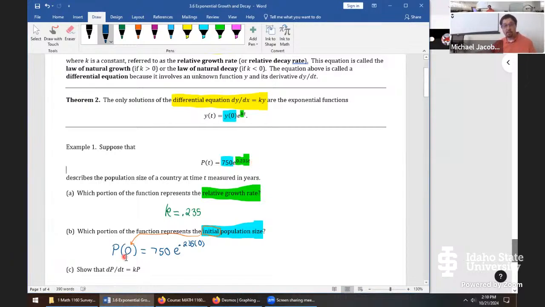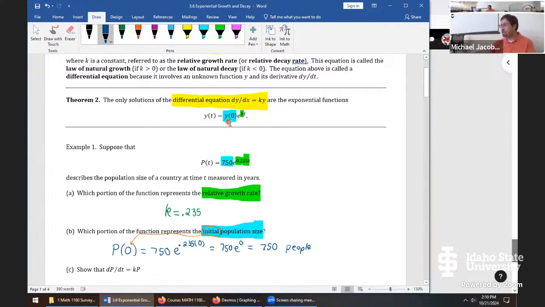That's where the 0 got inputted into the function here. So now we have 750 multiplying e to the power of 0. e to the power of 0 is a 1, so this is just 750. And the unit on this would be, I guess, people, since it's a population size of a country. So that's the initial population size.